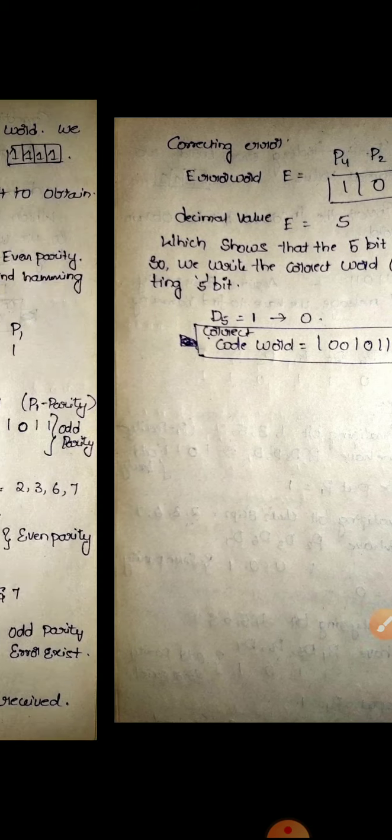So 101, its decimal equivalent is 5, which shows that the fifth bit is the error. So we can rewrite the correct word simply by inverting the fifth bit, that is the D5 position.